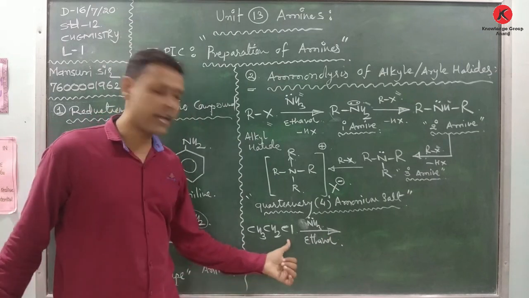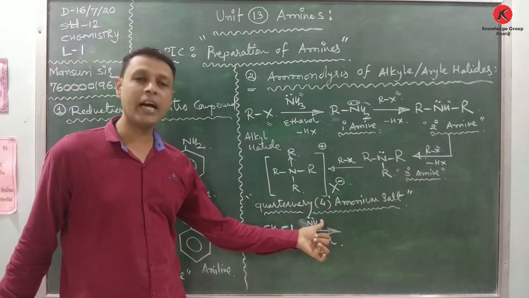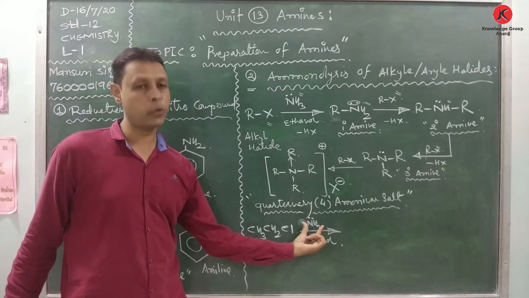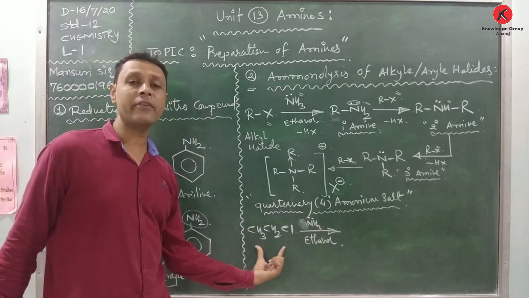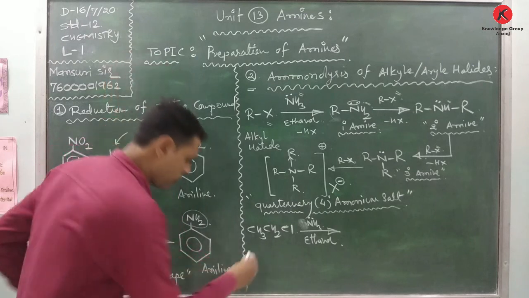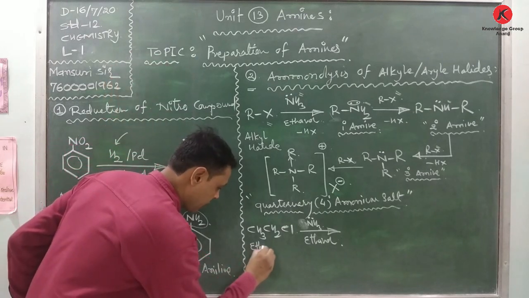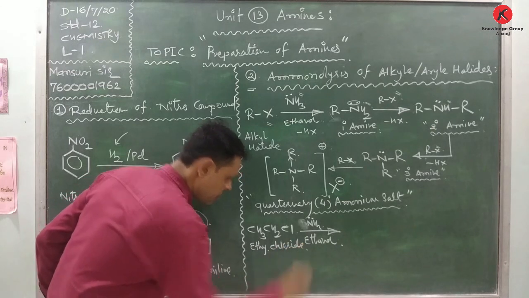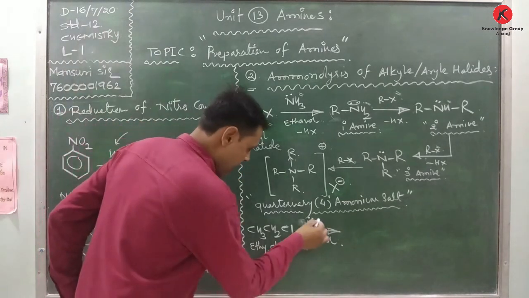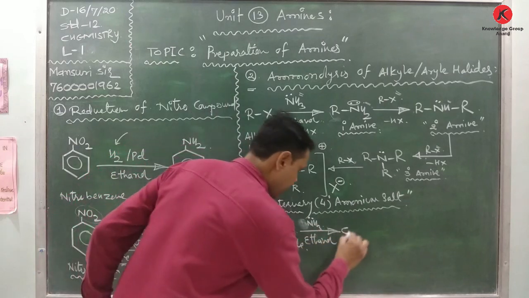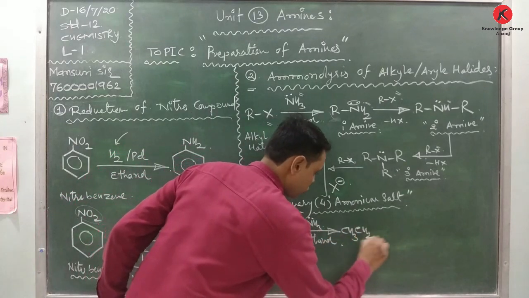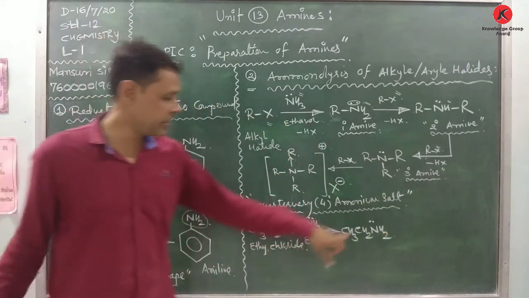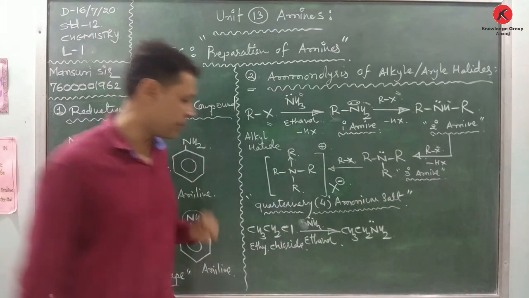When ethyl chloride reacts with ammonia in presence of ethanol, ammonia reacts like a nucleophile and ethyl chloride reacts like a substrate. So ethyl chloride is my substrate. Now H and Cl will be removed and CH3CH2NH2 is formed. This is ethanamine. This is my 1 degree amine.